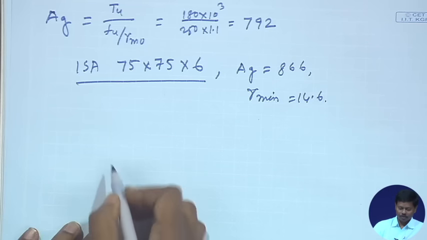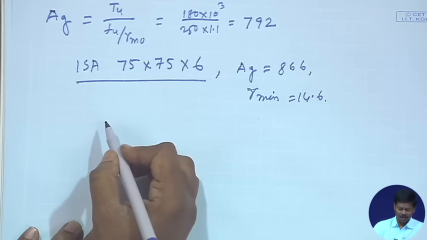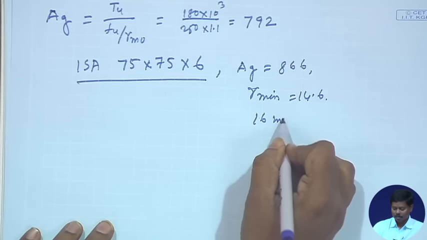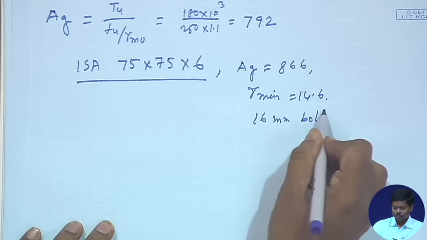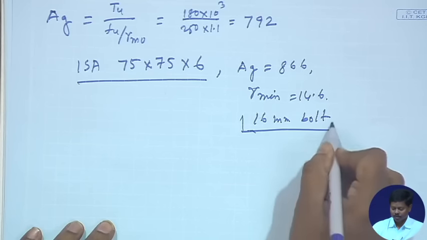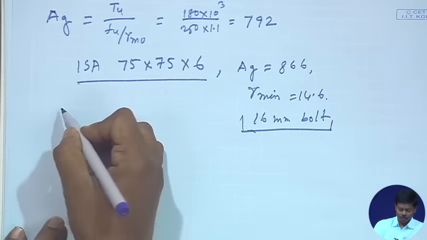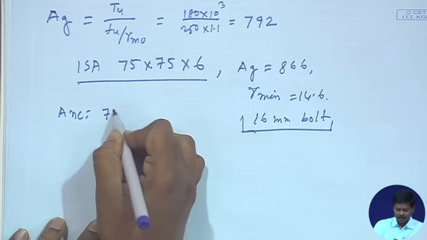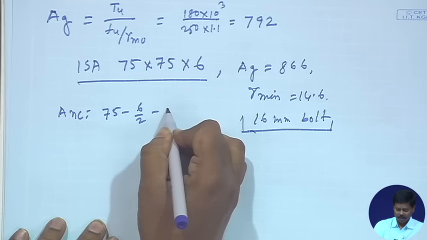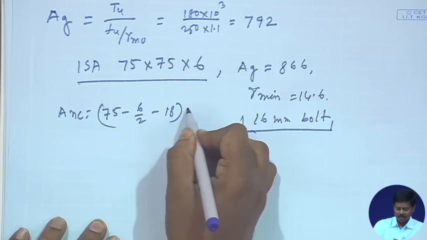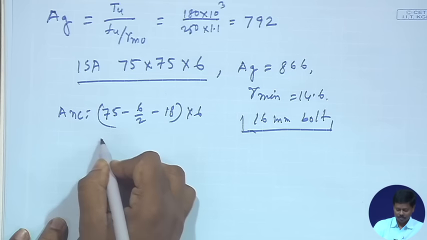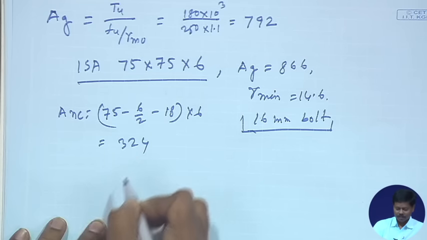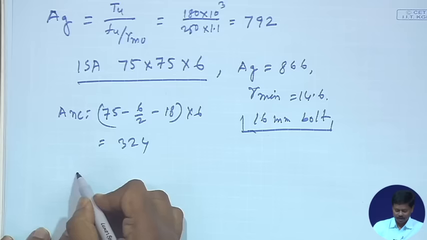right. So, if we use 16 mm diameter bolt, it has been told to use 16 mm diameter bolt. So, I can find out Anc value. Anc will be (75 minus 6 by 2 minus 18) into 6. So, this is coming 324 millimeter square.